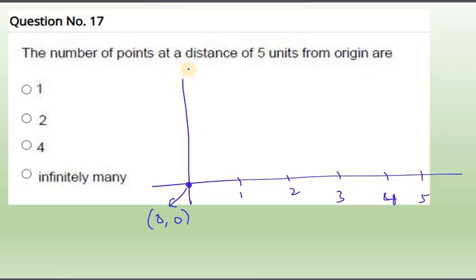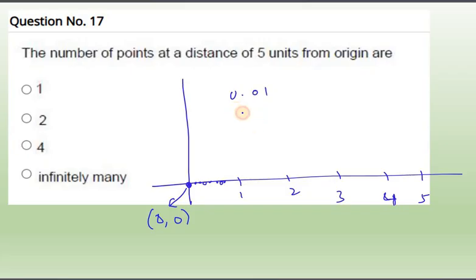How many points do we get at a distance of less than 5 units from the origin? Not 5. If you write 5 or 4, this is wrong. Why? You can get infinitely many points, because we can make them smaller. Instead of 1, we can write 0.51, 1.5, 0.01, 0.001. We can get any point.